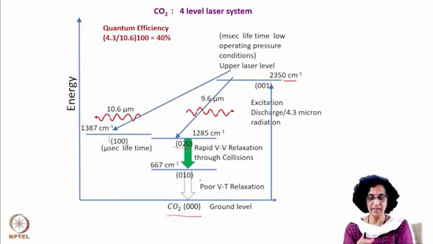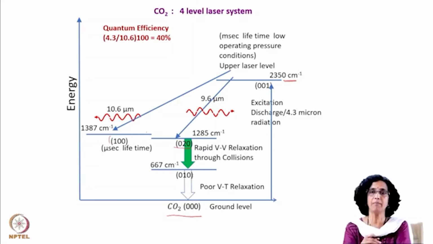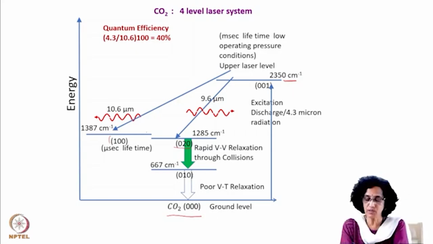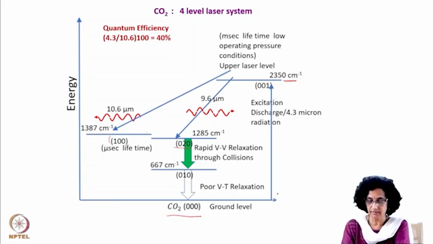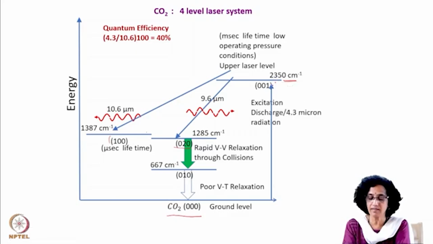So let me just explain how this lasing action takes place in very brief. And then we will come back to the details of it. We know that in case of a CO2 laser, the excitation takes place in an electric discharge. So the molecules in the ground level are excited in a discharge to the upper laser level, which we have shown as this 001 level.